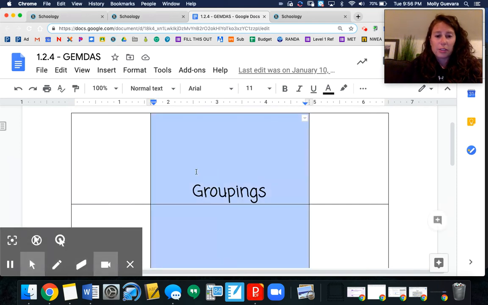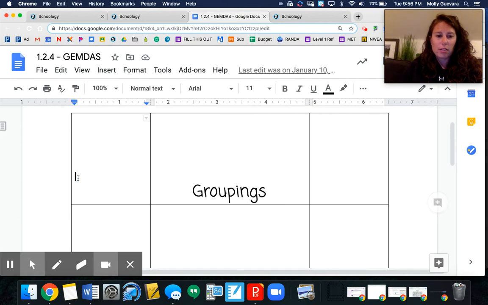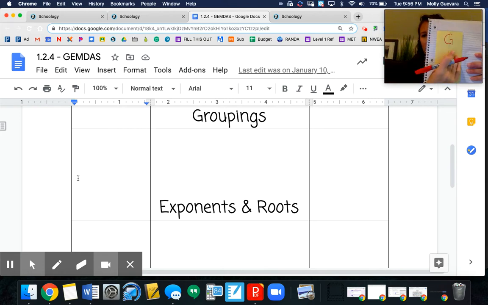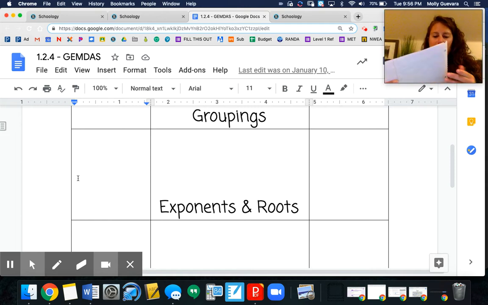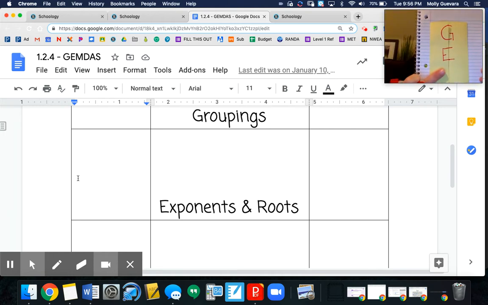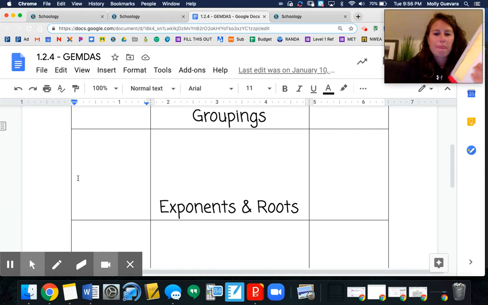And what we're going to do is scroll down. Maybe I can't do that. There we go. And then the next one is exponents. So now under the G, we're going to write an E. Just like this. Right, so GE.